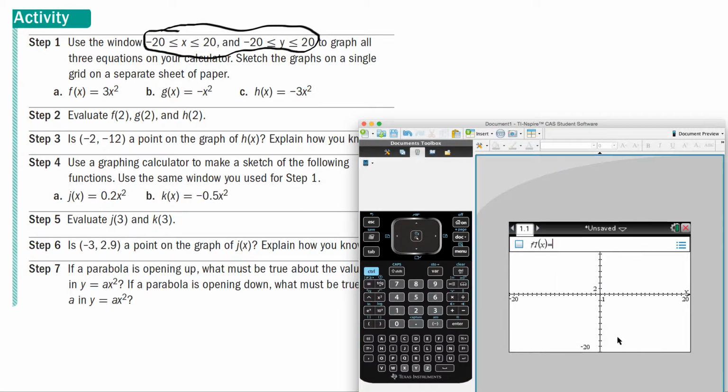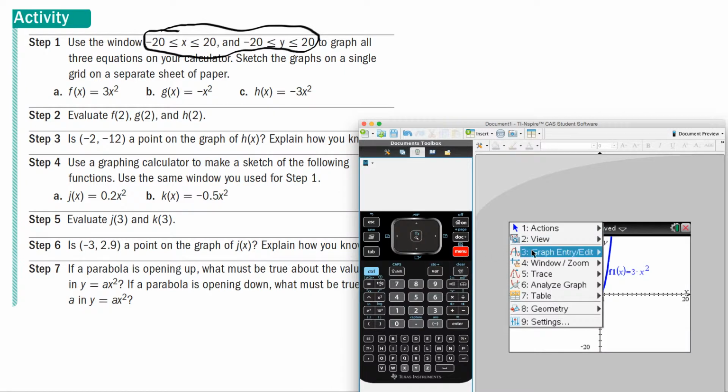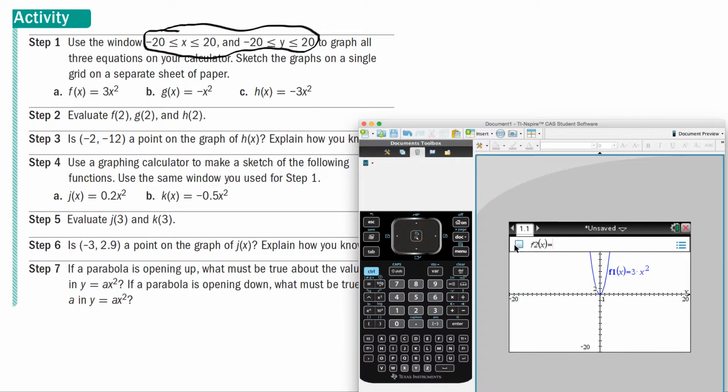So our g of x was 3 times x squared, our first graph. We want to go back to menu to put in another function. This says f2 in your assignment. It says g of x and h of x.